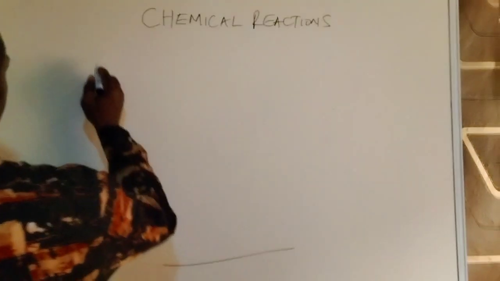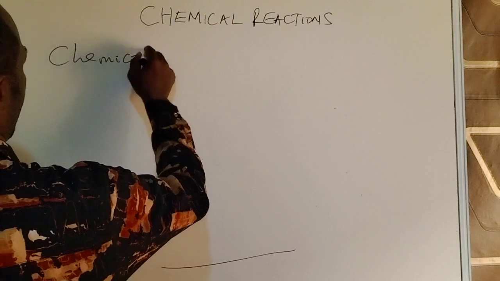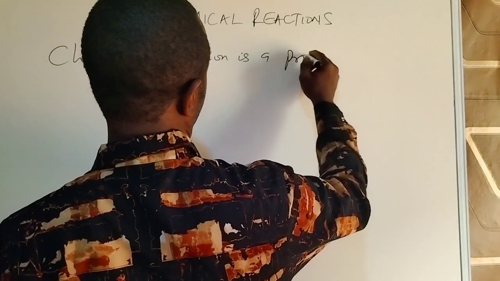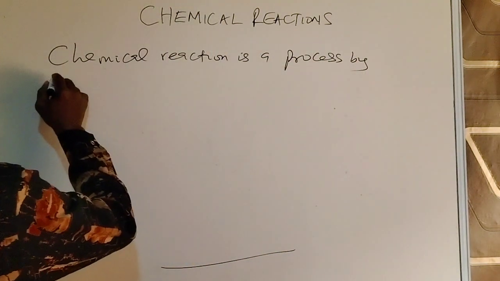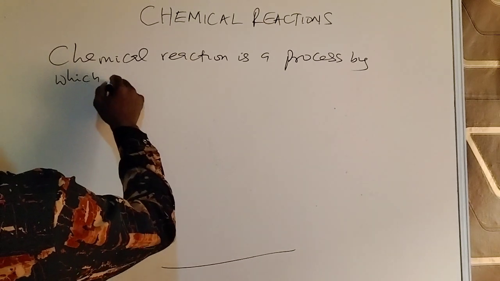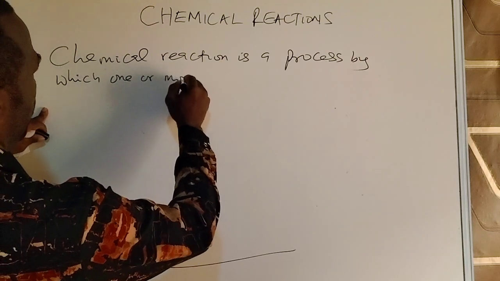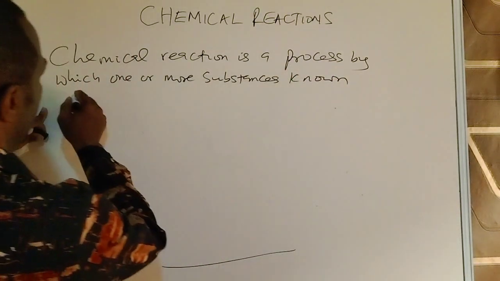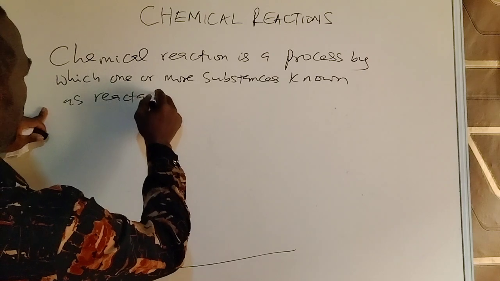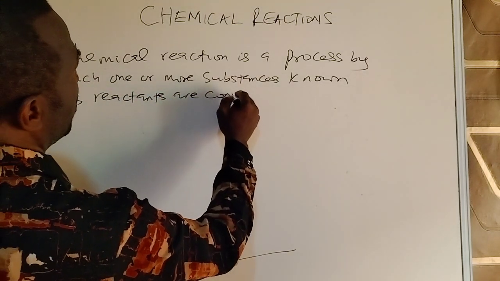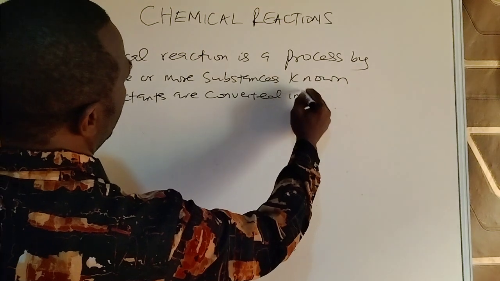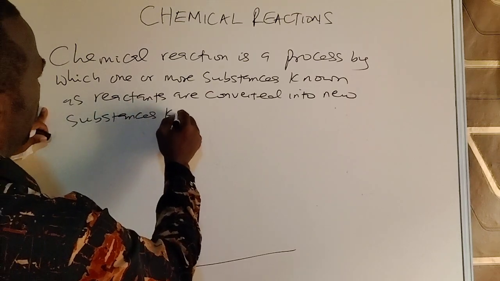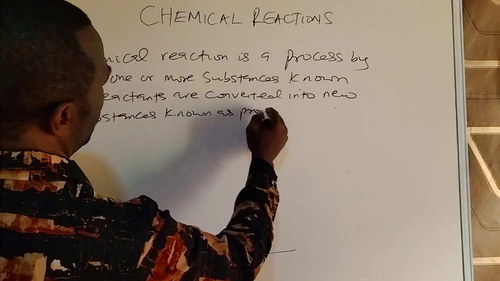A chemical reaction is a process by which one or more substances known as reactants are converted into new substances known as products.